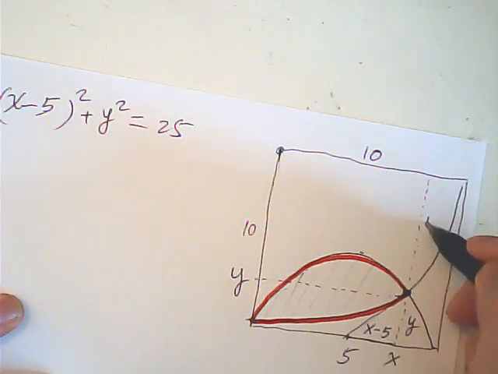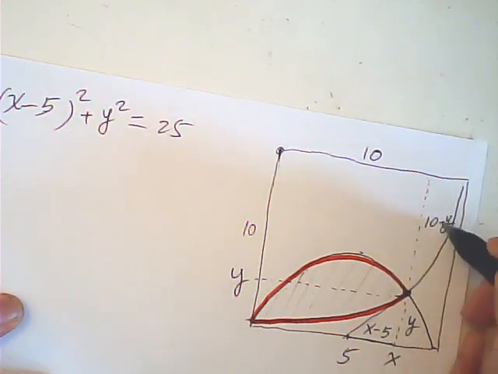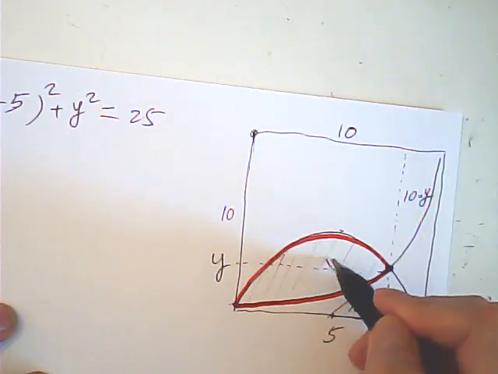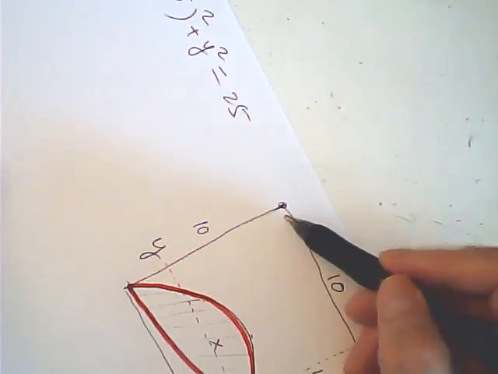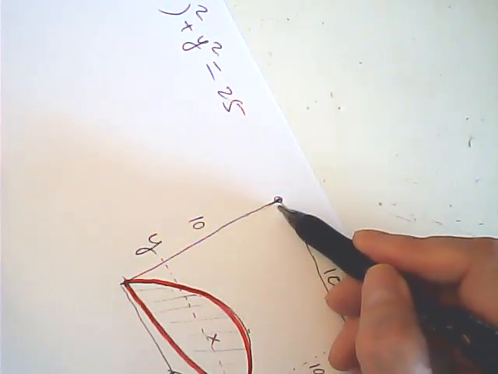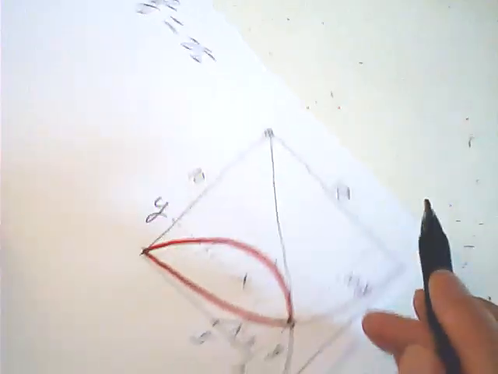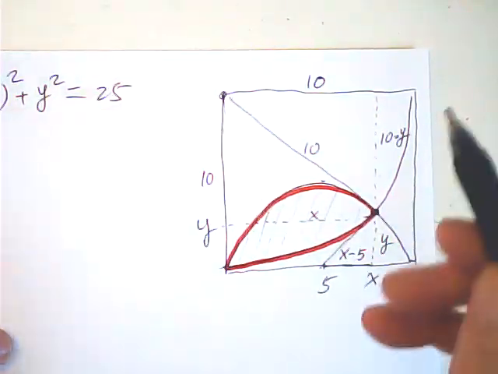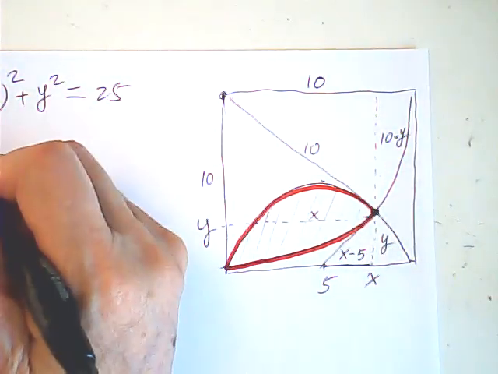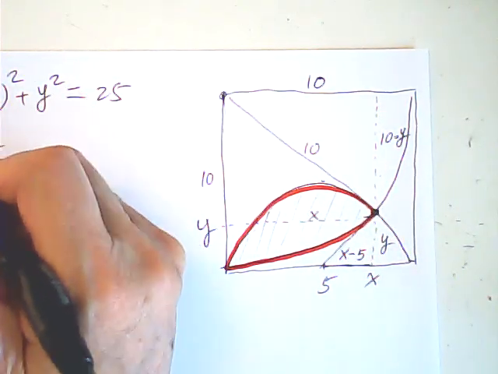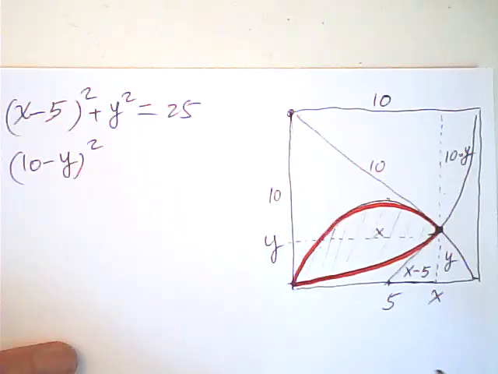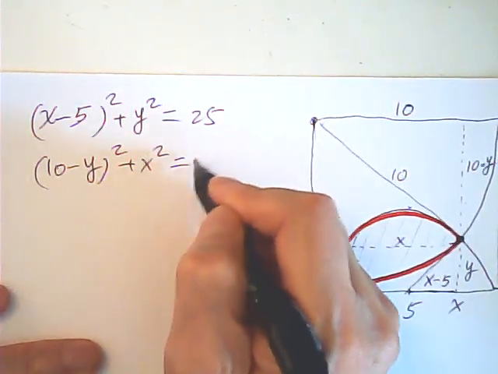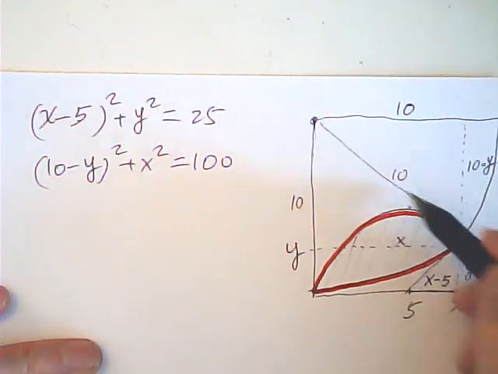And also from this triangle, this is 10 minus y. This is x. Well, this one is 10. So we have (10 minus y) squared plus x squared is equal to 100 from this triangle, right?